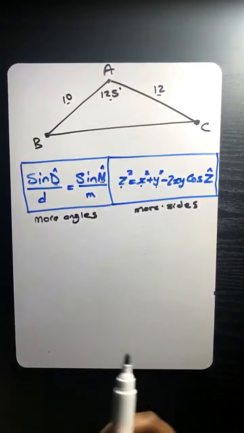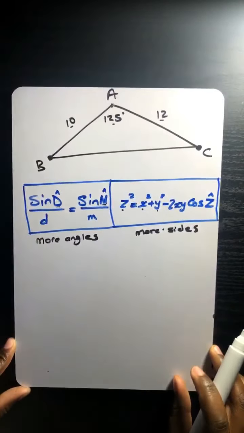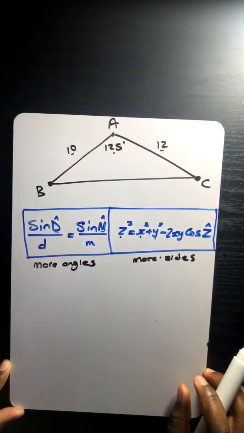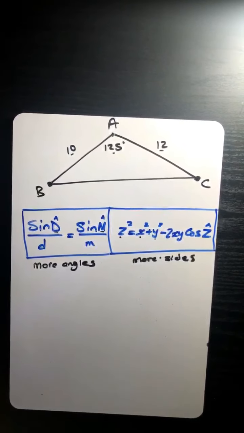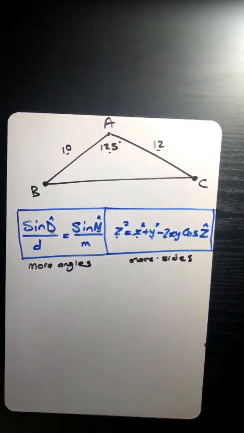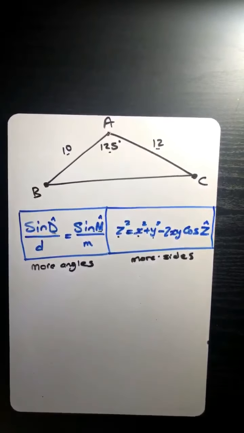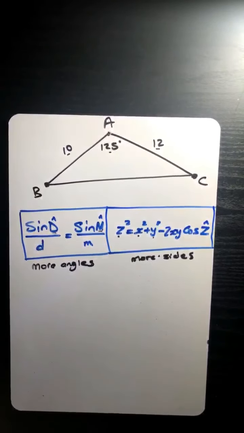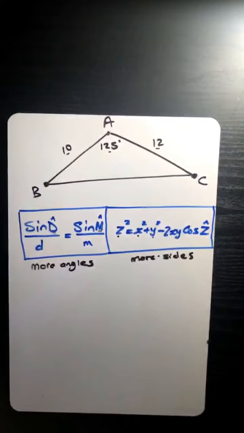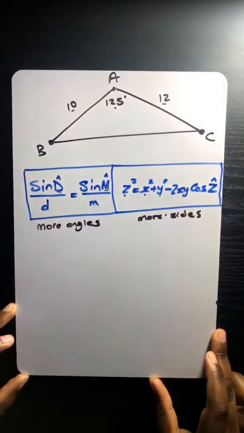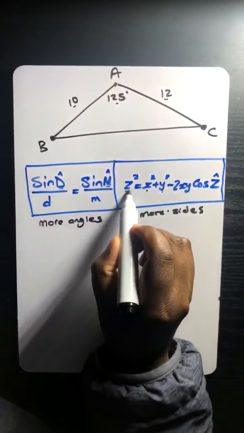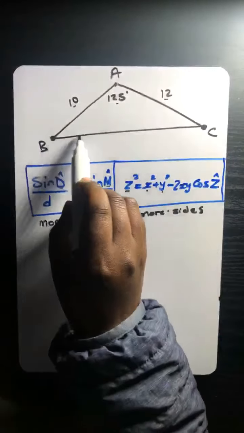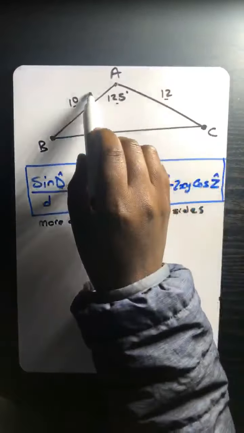So now, I'm just not sure if you guys are in a position where you can substitute into that formula. Maybe let me substitute so that the new guys can see how to apply that formula. So let's see. The Z is the side which is opposite to the angle.